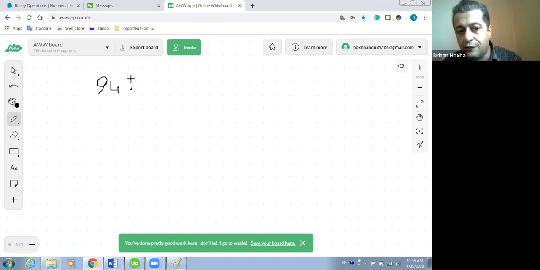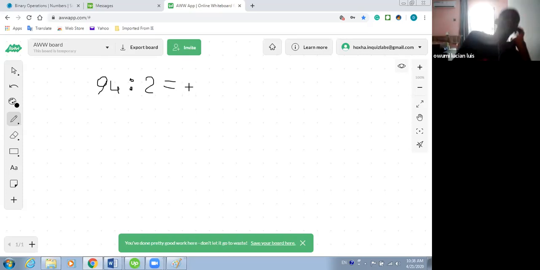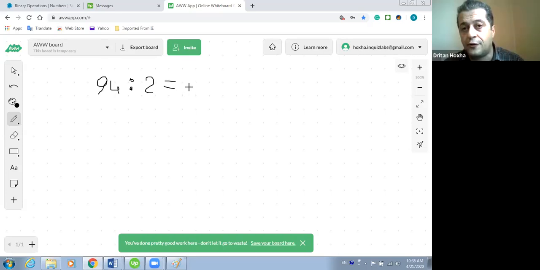We have 94 here, and we have to divide it by 2. We are interested not in the quotient but in the remainder, because all the remainders will be either 0 or 1, and they will form the binary number.